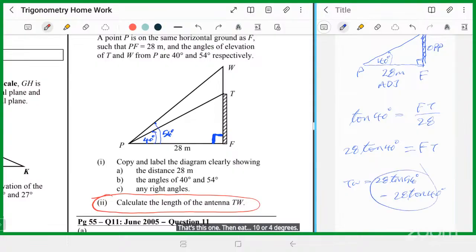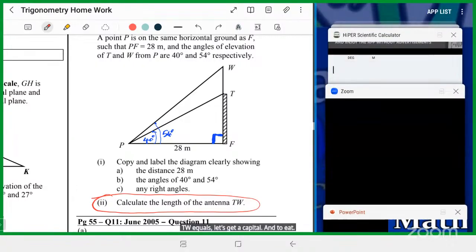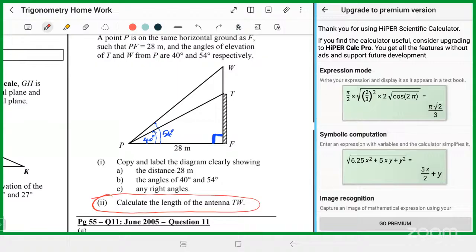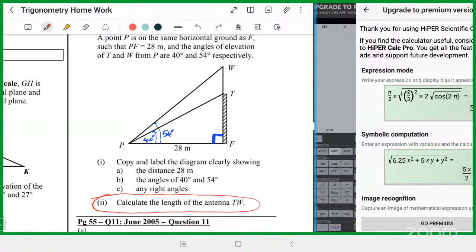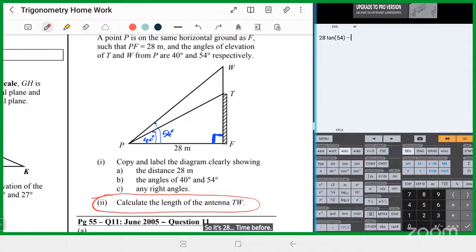I put this in the calculator and I get the answer. TW equals, let's get a calculator, 28 tan 54 minus 28 tan of 40.